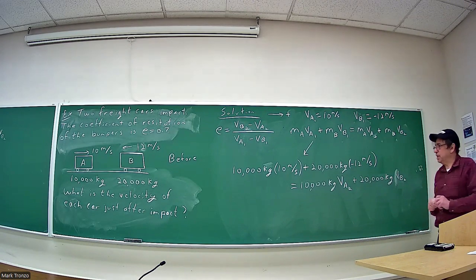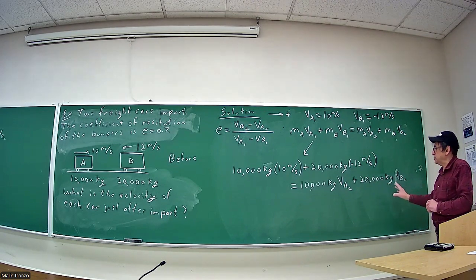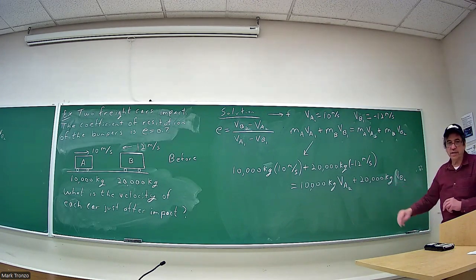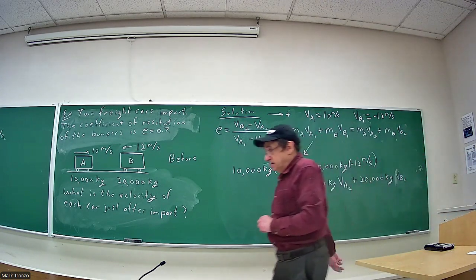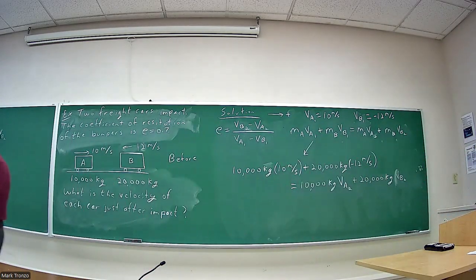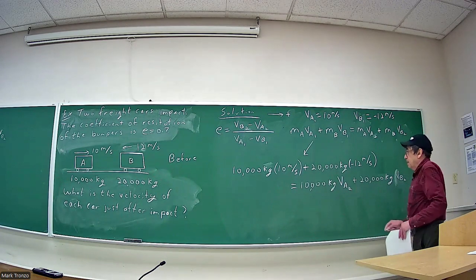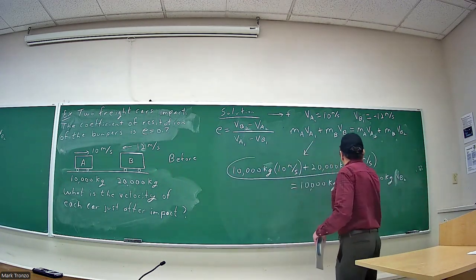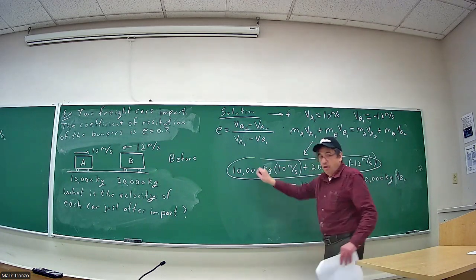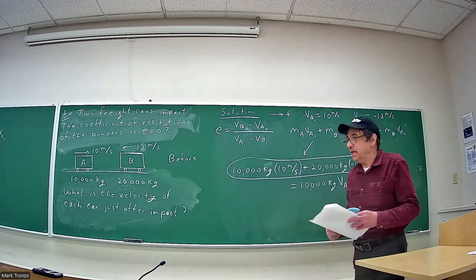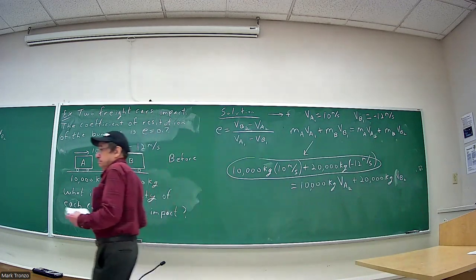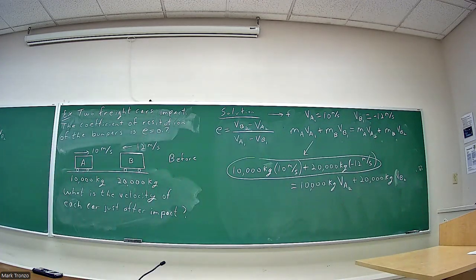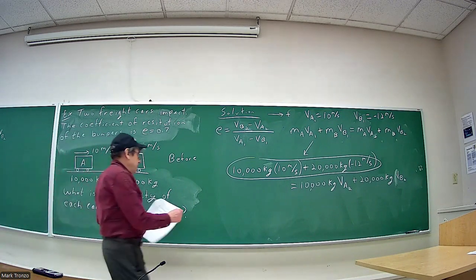So we have both these unknowns. So the best we can do is find a relationship between these two variables. Now this left-hand side here comes out to be minus 140,000.